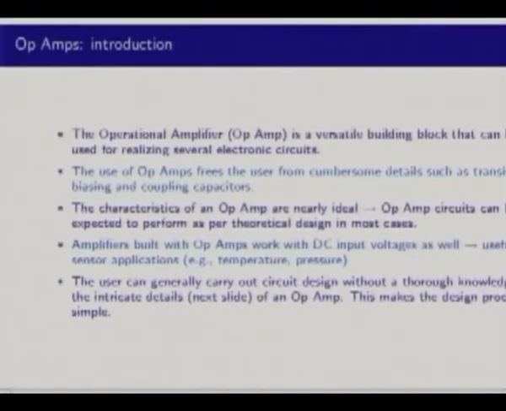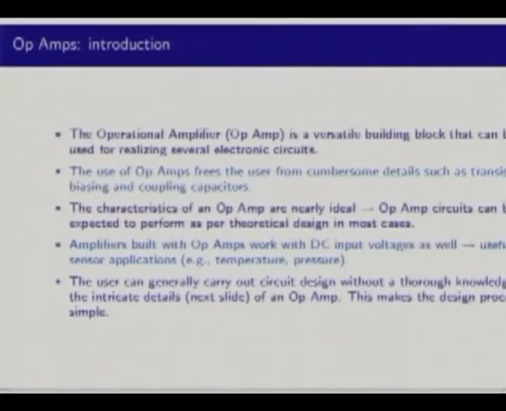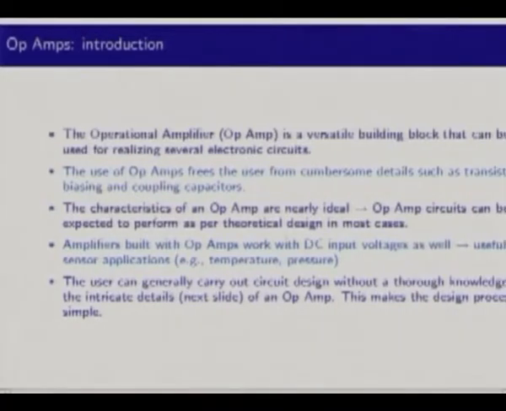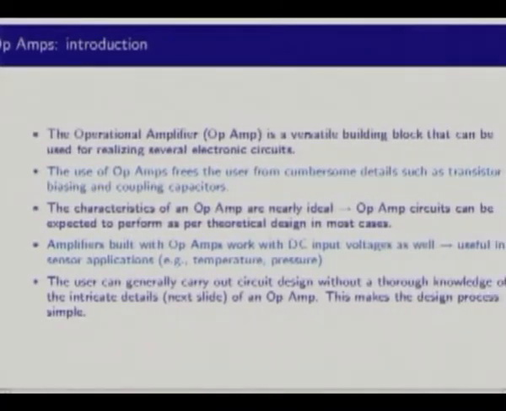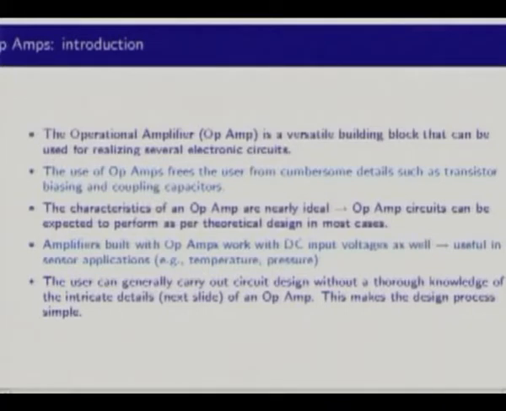So to begin with, some introduction, and this is always good to tell students so that they know what it's all about, rather than just beginning with the inverting amplifier and so on. The main feature of the op-amp is that it's a versatile building block that can be used for realizing several electronic circuits, and as we will see very simply, and of course you have seen that yesterday already.